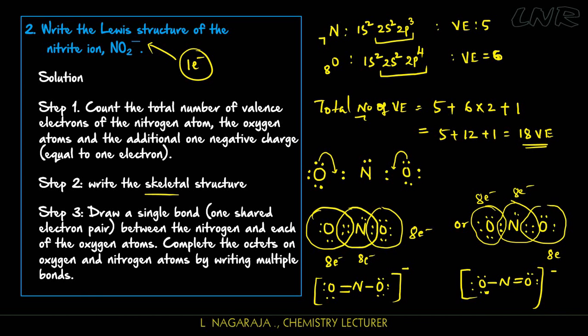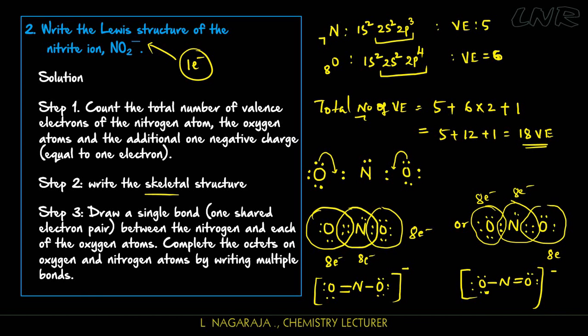In the theory exams they may ask, write the Lewis dot structure for any molecule. So in that case, count the total number of valence electrons, then write the skeletal structure, and then distribute electrons to the atoms. In the distribution of the electrons, first write one pair of electrons between the atoms, then the remaining electrons are to be distributed to the end atoms.